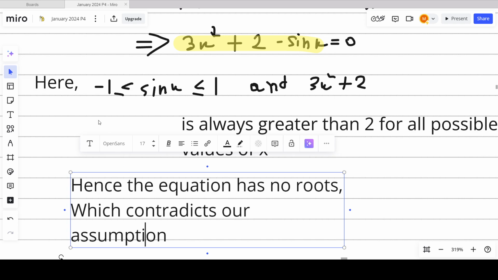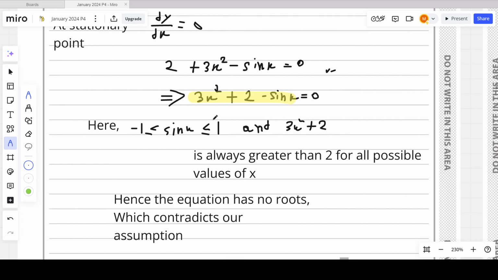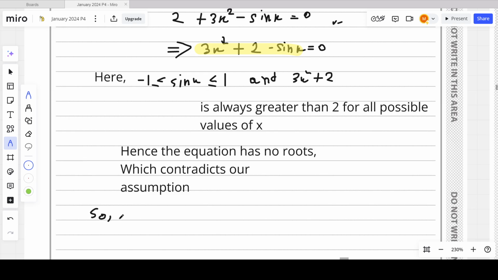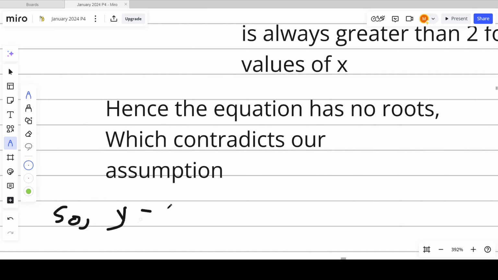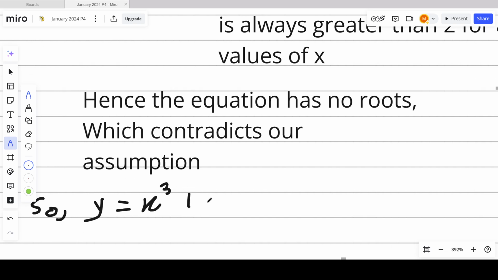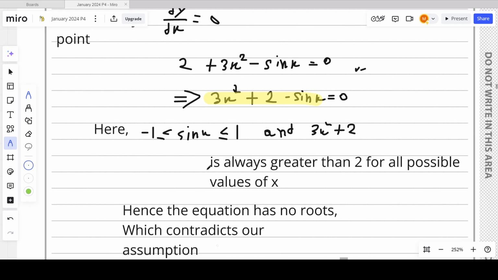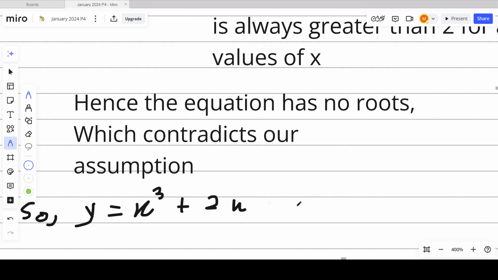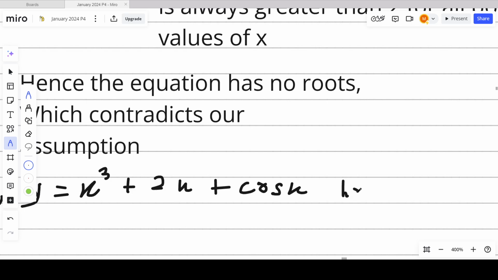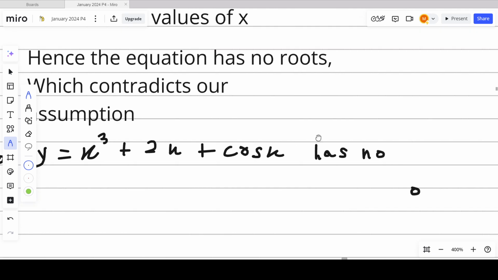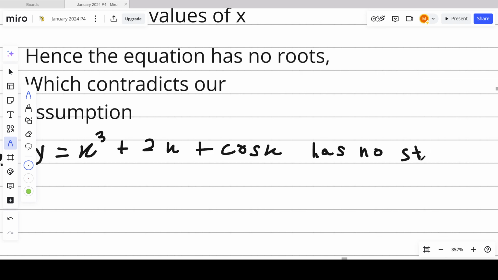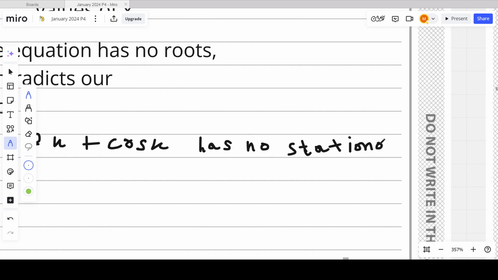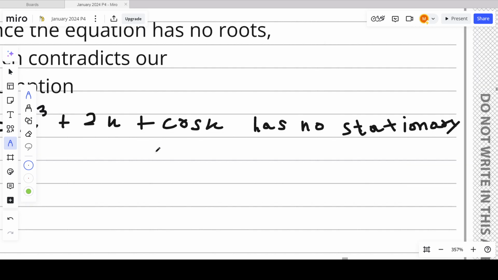Since it contradicts our assumption, hence proven by contradiction that the curve with equation y equals x cubed plus twice of x plus cos x has no stationary points.